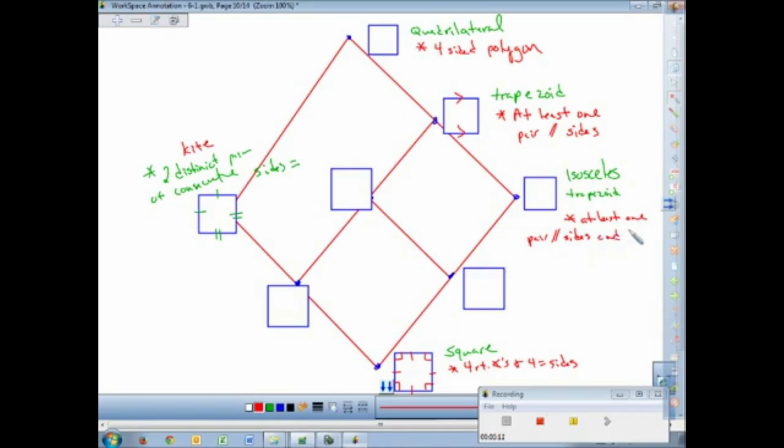So to mark them, I'd go boom, boom. And then to mark those base angles, the arc marks have to be on the same parallel side, the same base. See how both arc marks touch that guy right there? So there's my isosceles trapezoid.